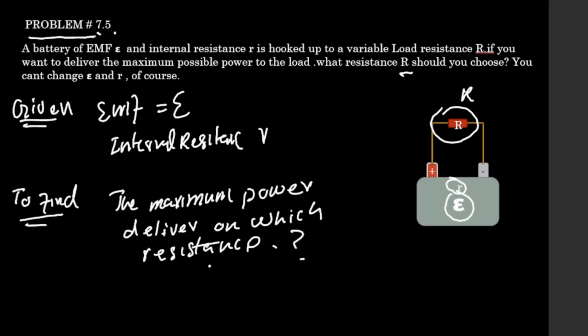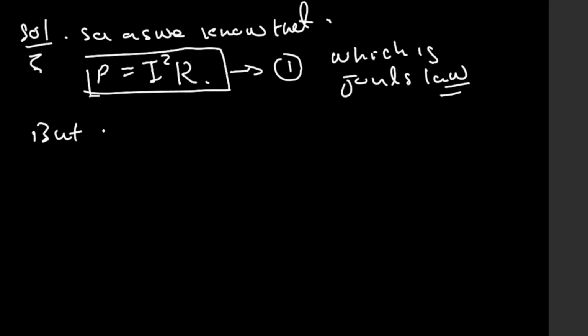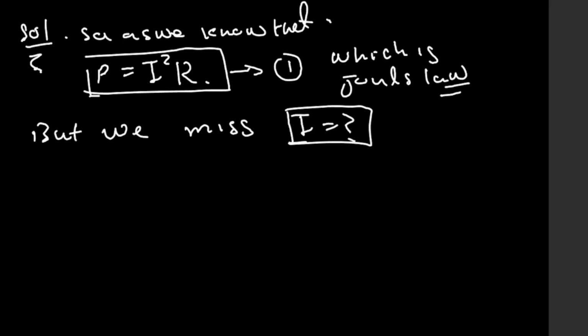Solution: as we know, P equals I squared R, which is Joule's law. But we don't know what current flows here.